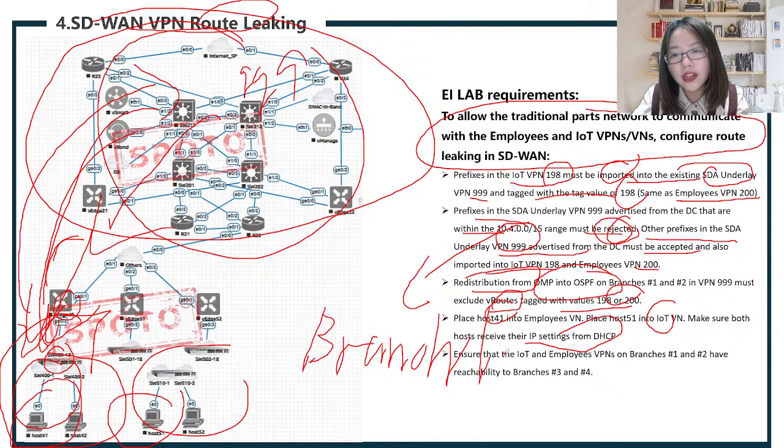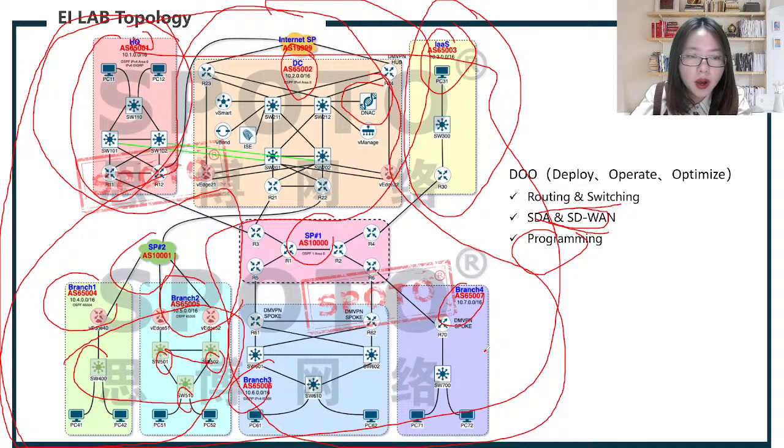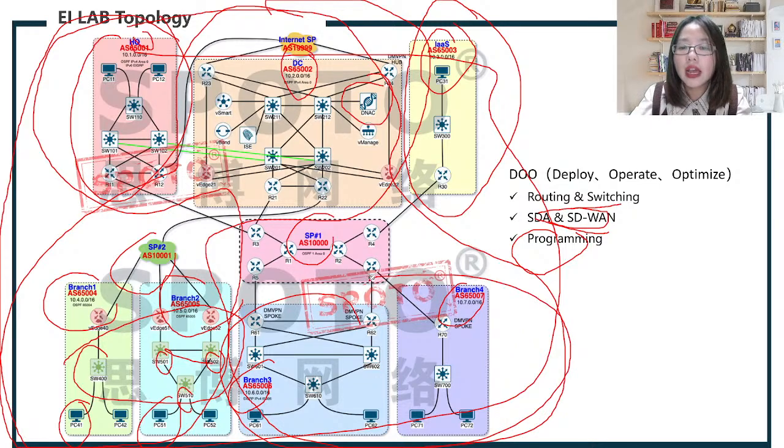Last, we should ensure that the IoT and the employee on branch 1 and branch 2 have reachability to branch 3 and branch 4. We can see the complete topology. So the last requirement is that hosts 41 and 51 can access branch 3 and branch 4.